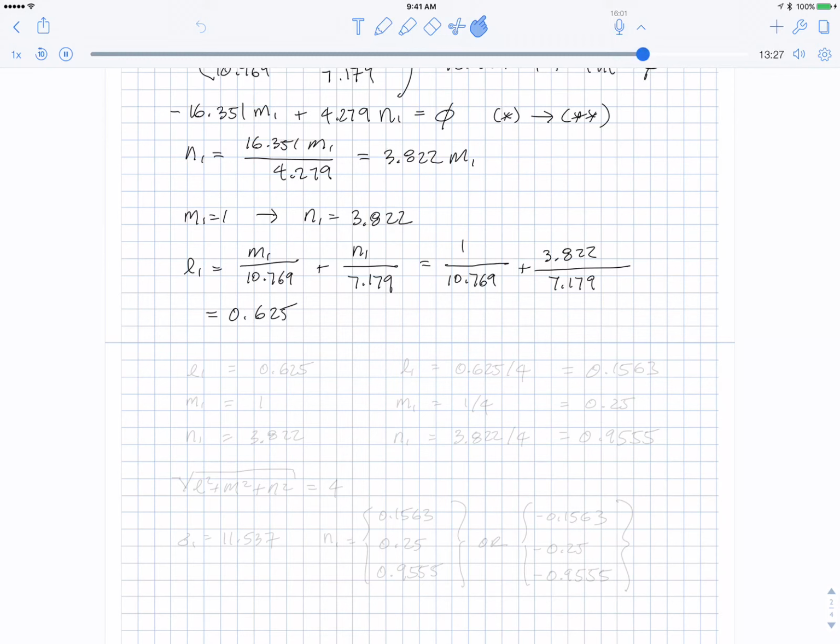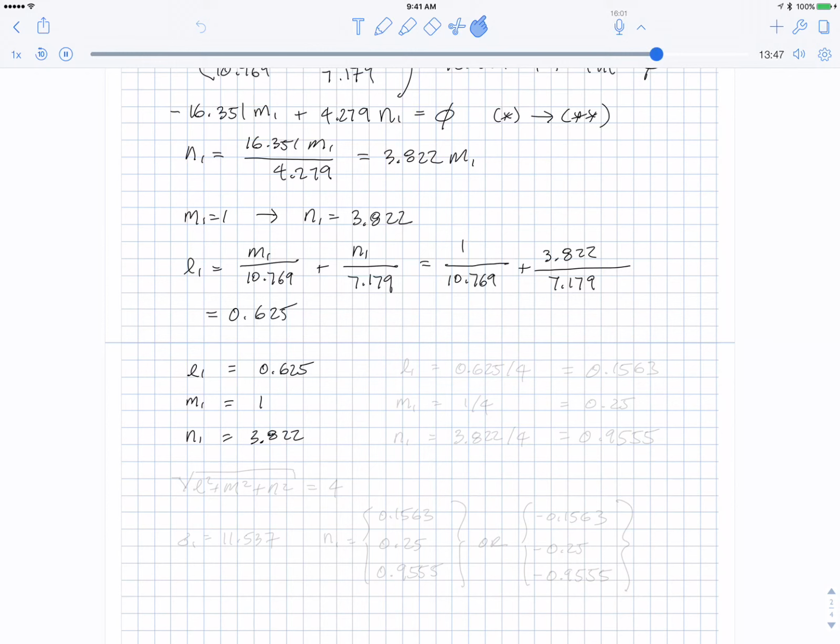And so our eigenvector L1, M1, and N1 is 0.625, 1, 3.822.